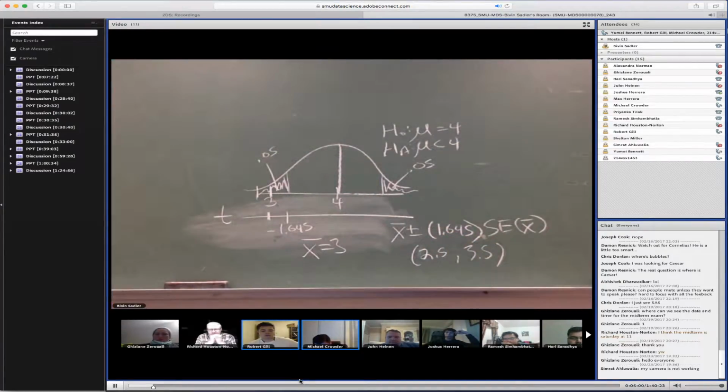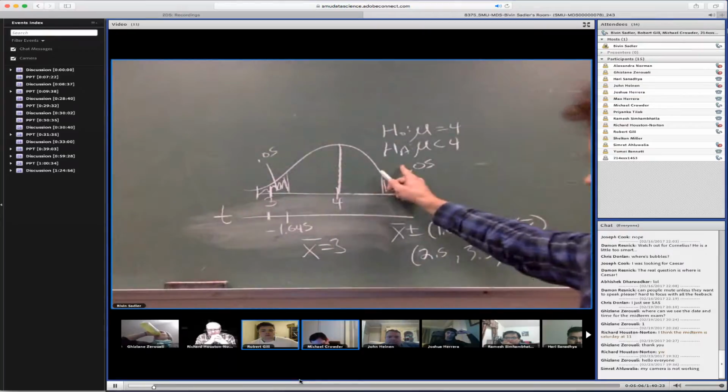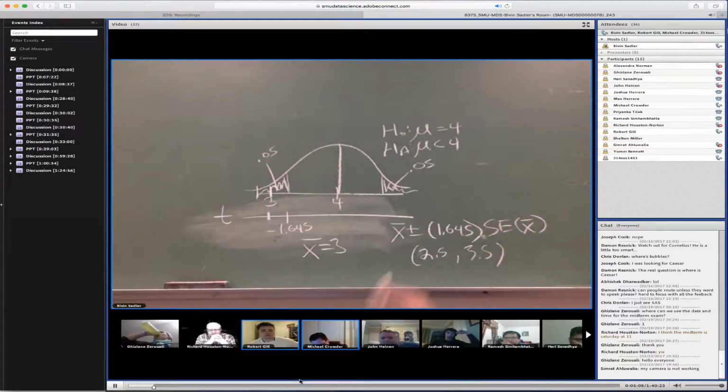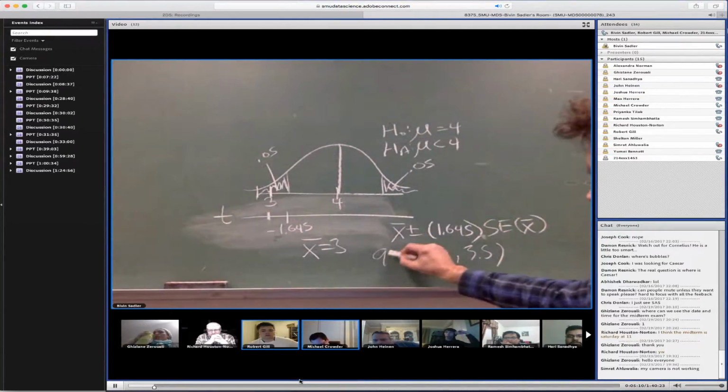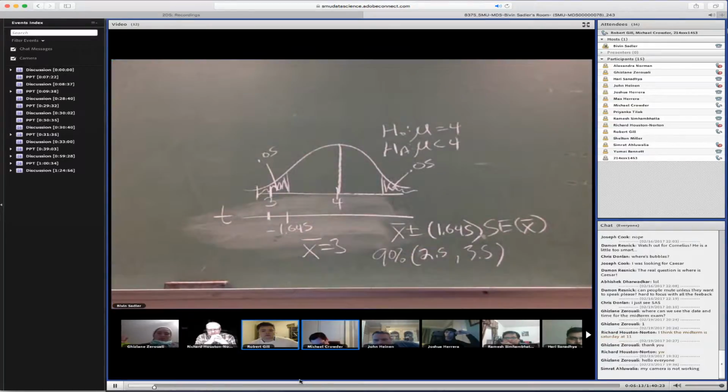Let's say that that's my 90. In this case, that would be a 90% confidence interval because there's 0.05 over here and 0.05 over here. And so this would be a 90% confidence interval for mu. And what that's saying is that if 3 is my mean, the plausible values for mu are between 2.5 and 3.5.